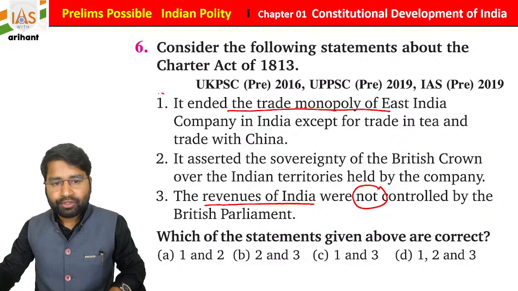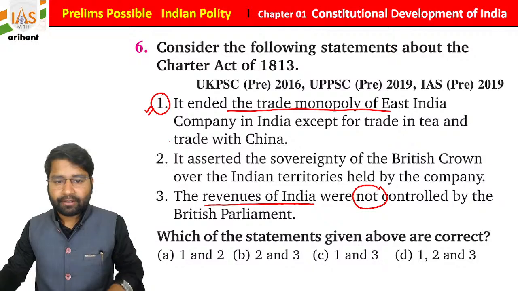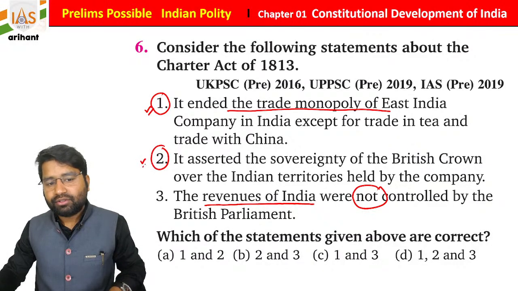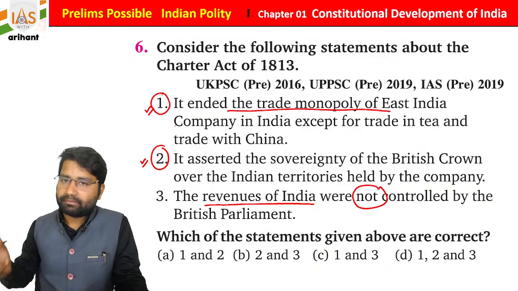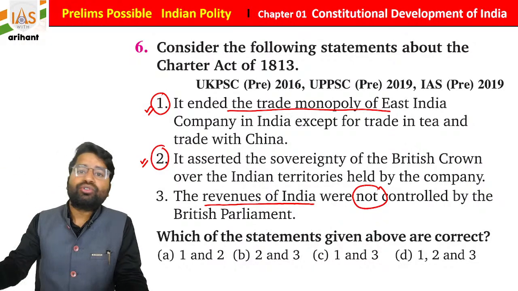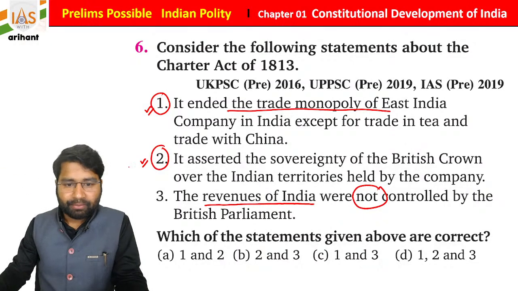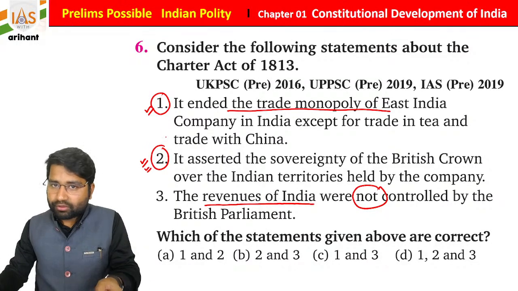So where option 1 is added, that will be correct. By controlling the company's activity, they are trying to show that they are more supreme in India. So the British Crown is trying to show that, so automatically option 2 is also correct.